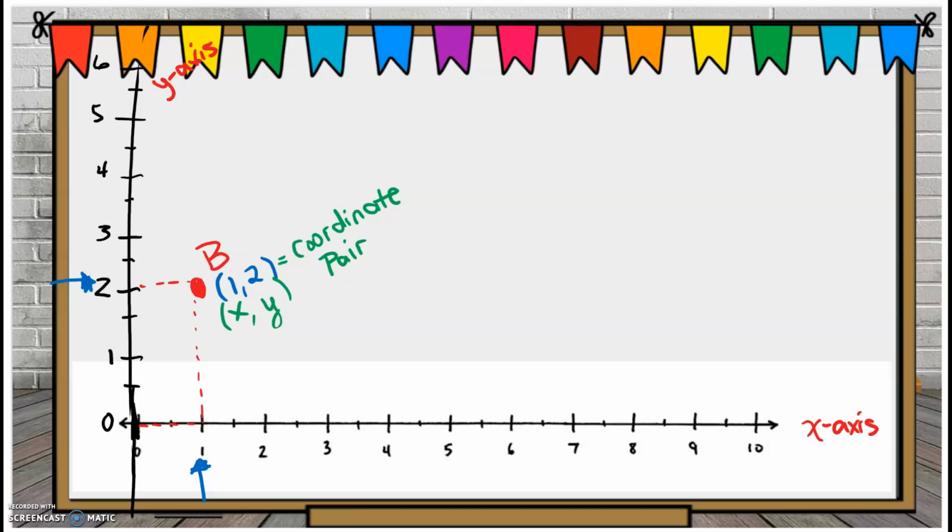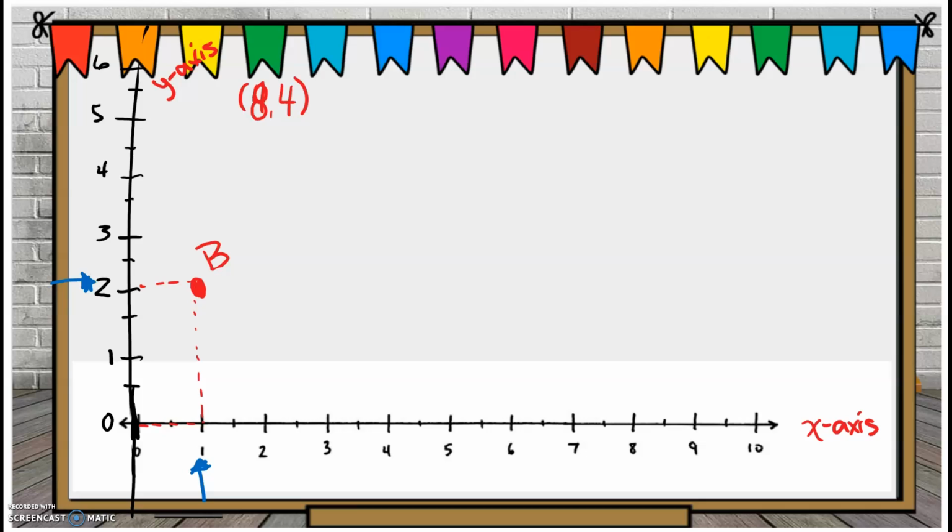So now I want us to find the coordinate pair for 8, 4. If we find the coordinate pair for 8, 4, I'm going to go all the way to the right 8.